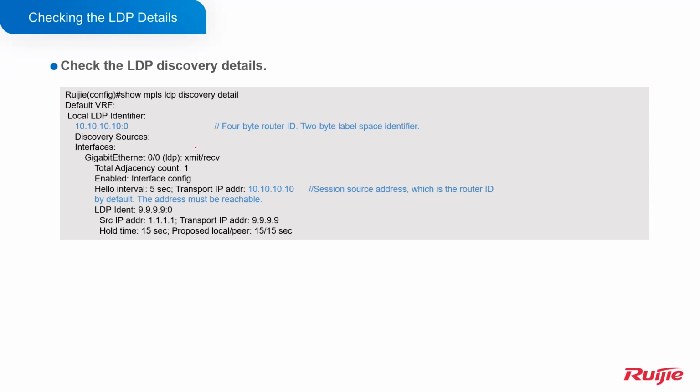You can find who your neighbor is, and this is for the local LDP. Another one is your transport IP address, the session source address, and this also uses your router ID. And another is the LDP identifier 9.9.9.9. This is your neighbor. And you must keep your LDP session's TCP connection ready.